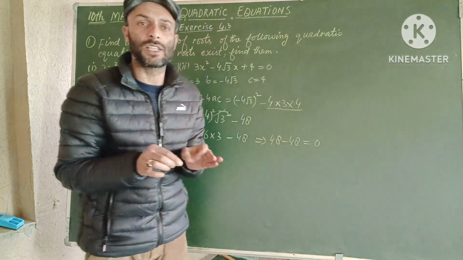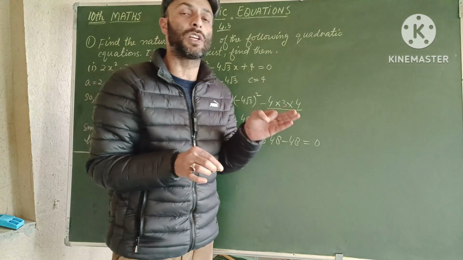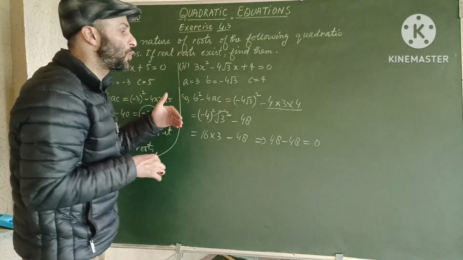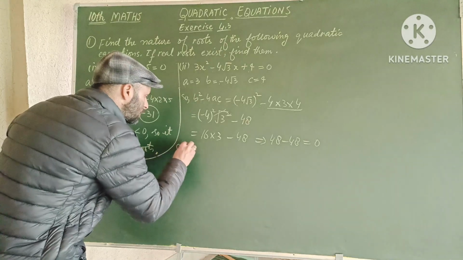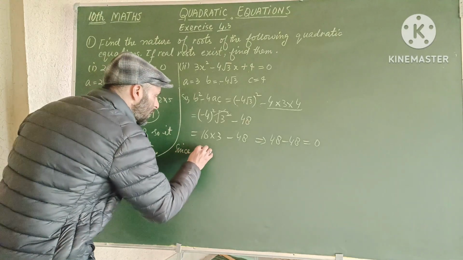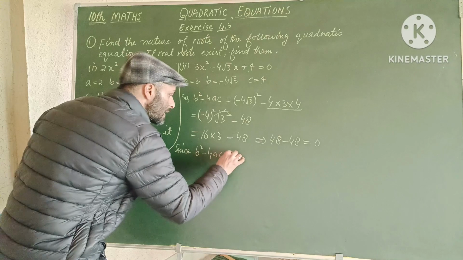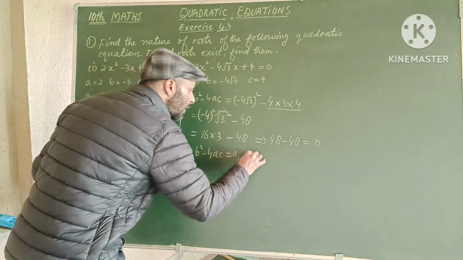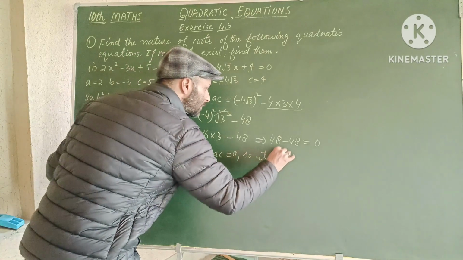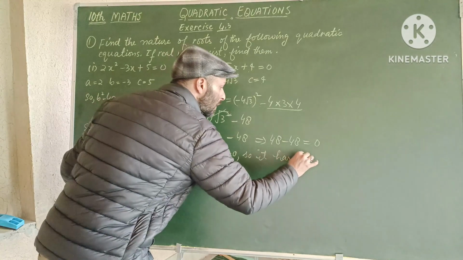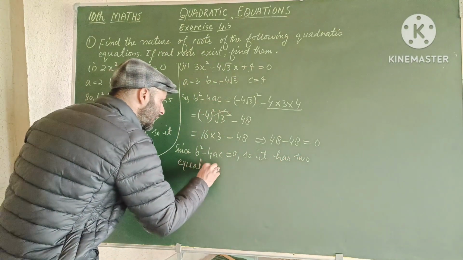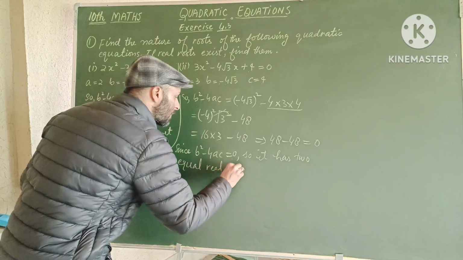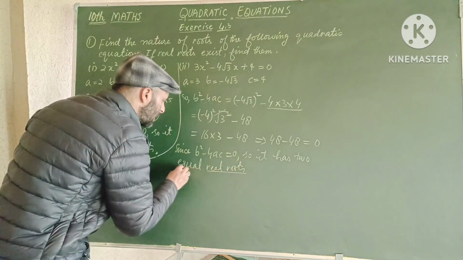Since b square minus 4ac is equal to 0, it has two equal real roots.